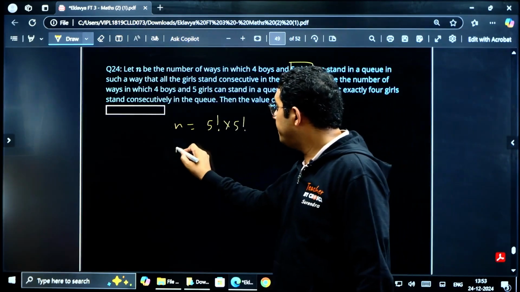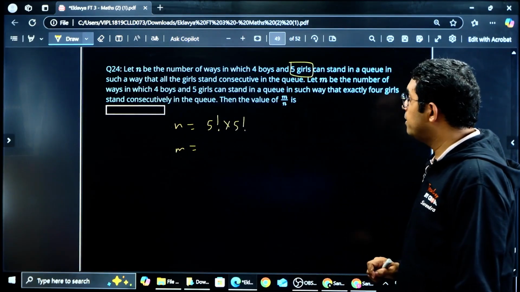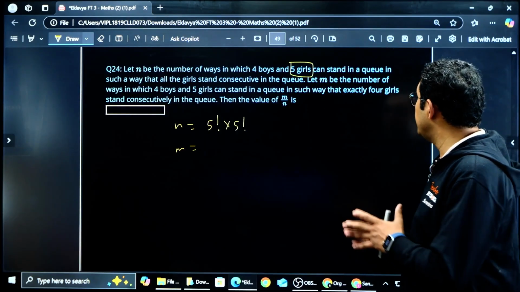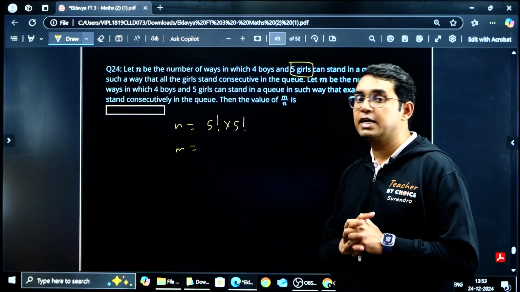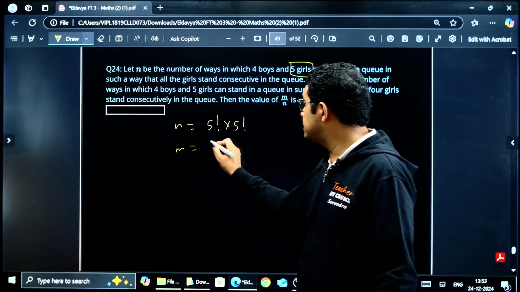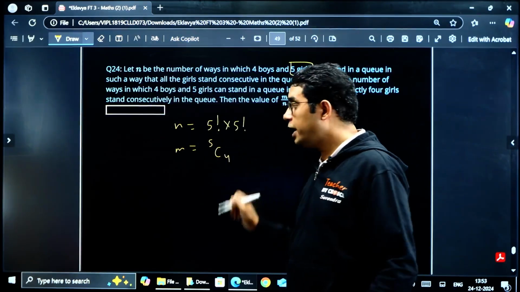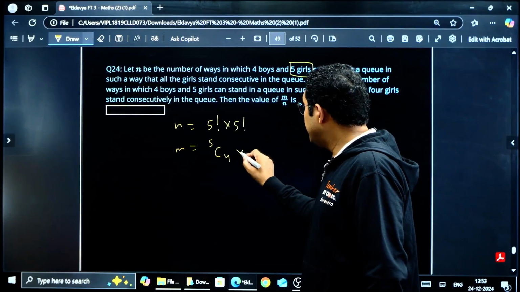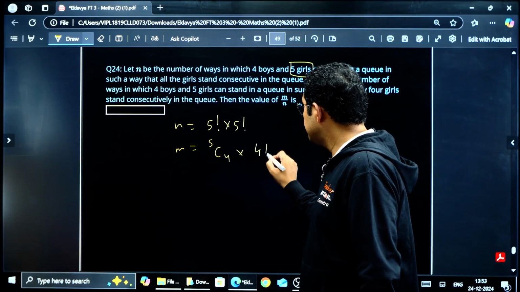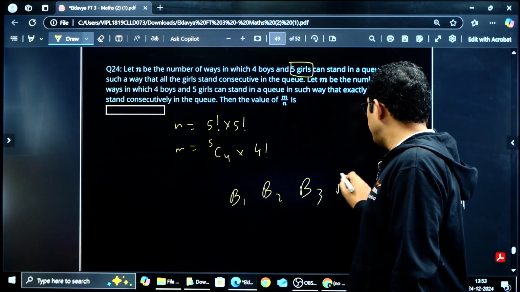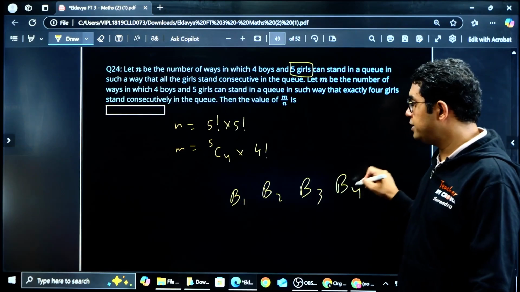Now we are given n is equal to number of ways in which 4 boys, 5 girls same can stand in a queue such that exactly 4 girls stand consecutively in the queue. Okay, that means we have to choose which 4 girls are going to stand consecutively, 5C4 ways. Then I will arrange 4 boys, let us say B1, B2, B3, B4. They are standing in 4 factorial ways like this.